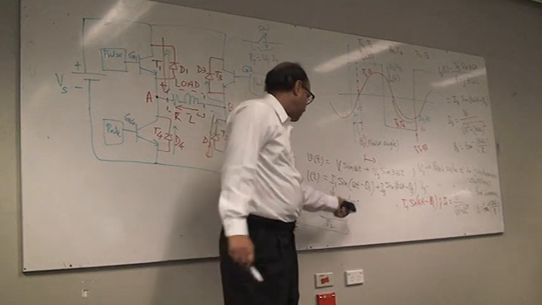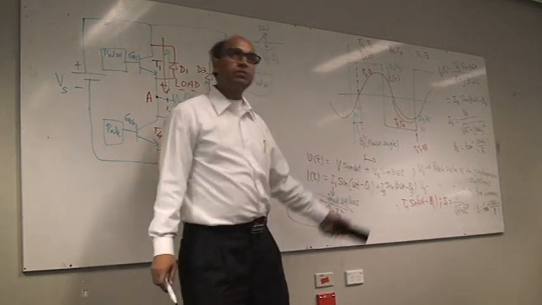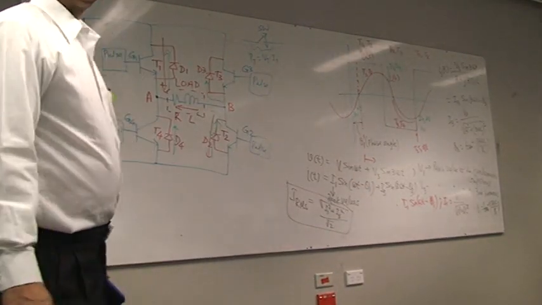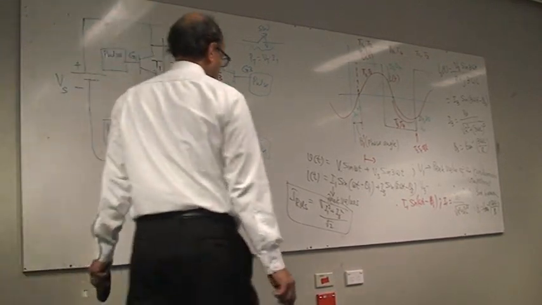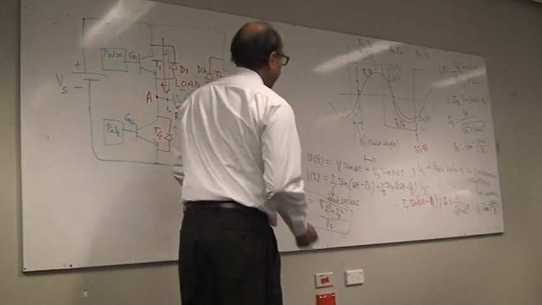If you have more than 2 components, then you need to take all the other components and get the root mean square value.